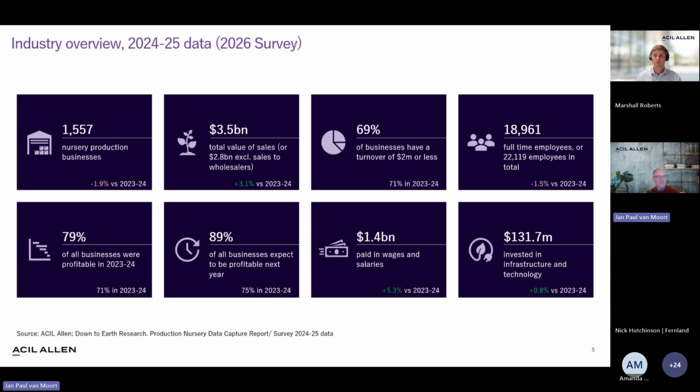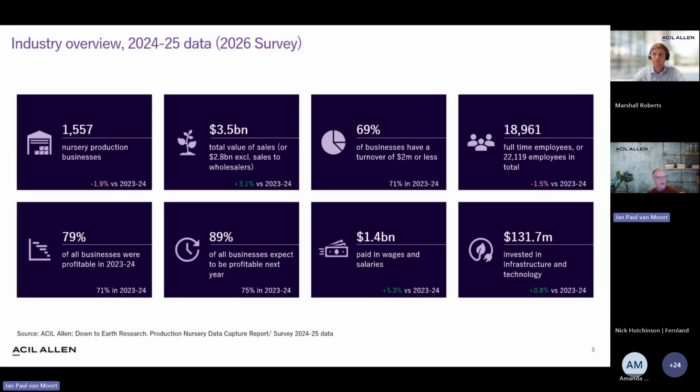The industry remains a strong employer of people with about 18,961 full-time equivalents, and there was a nice positive return to profitability with an increase from 71 to 79%. And also positively, 89% of businesses expected to make a profit this year.